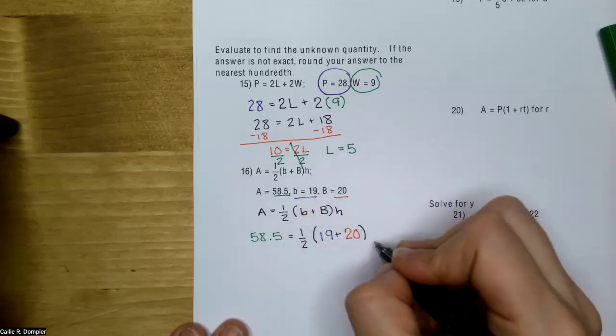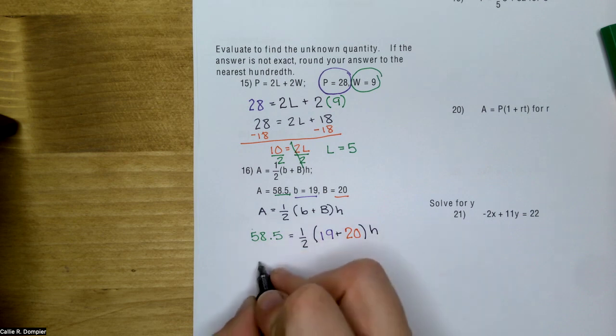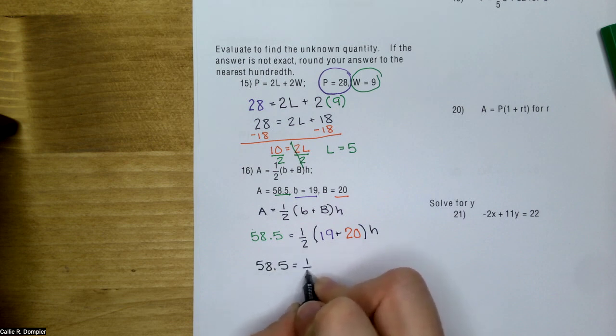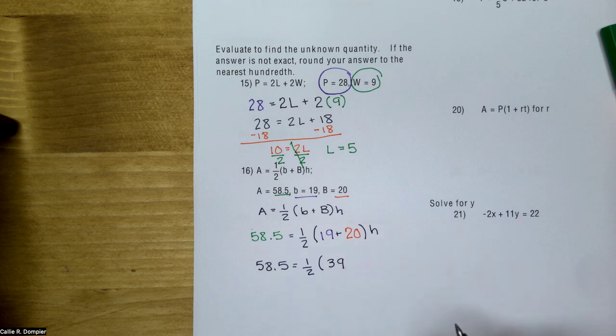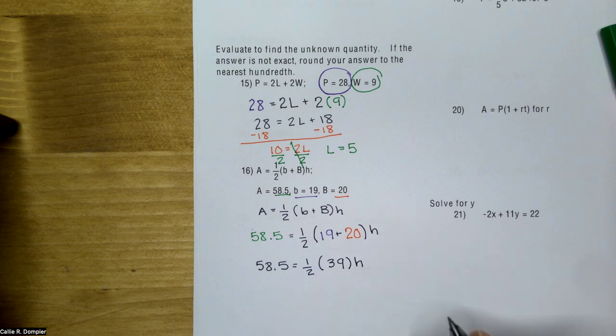And then don't forget that there's an H times H. So now we have 58.5 is equal to 1/2 times the quantity 19 plus 20 times H. You can simplify that. 58.5 is equal to 1/2 of 39 times H. Good.